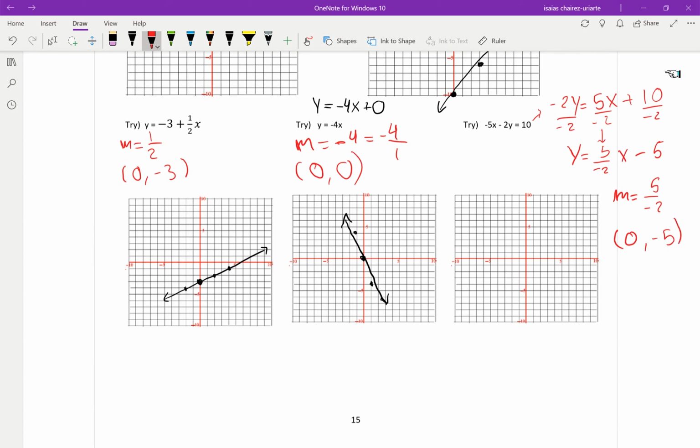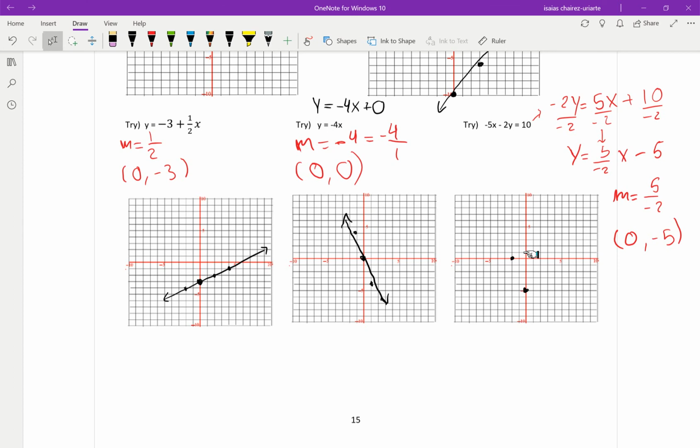So I think I can plot this now. So (0, -5), that's down here. And the slope is telling me to go up 5 and then to the left 2. So up 5 and to the left 2.